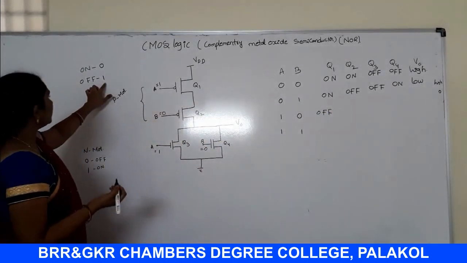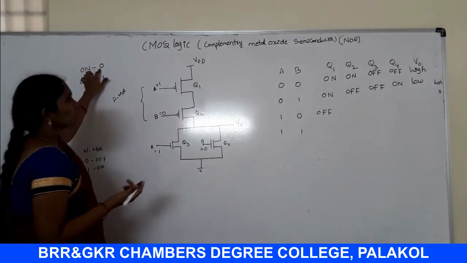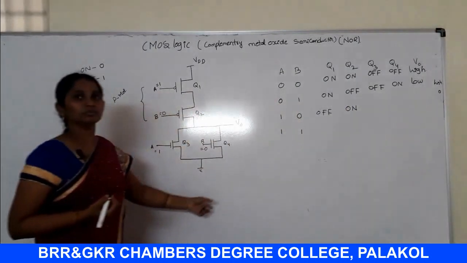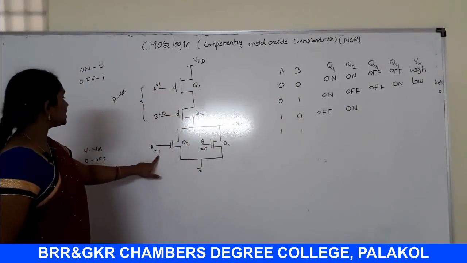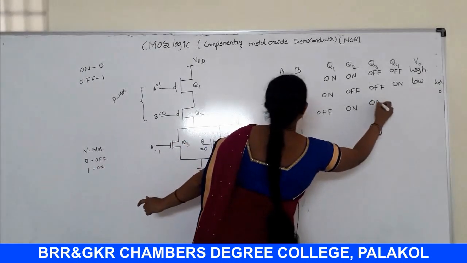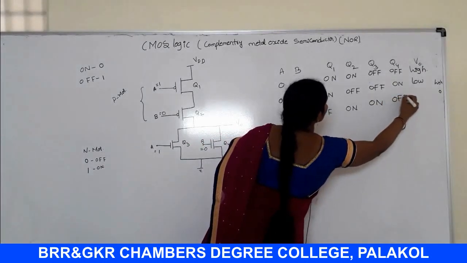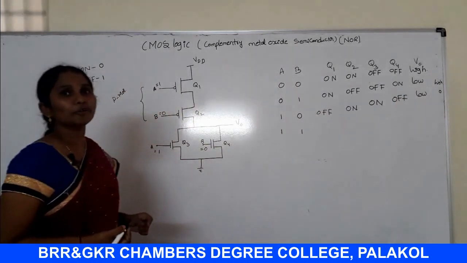The next one is the Q2 transistor. When you apply a 0, it is in the on condition. The next one, Q3, is 1, so 1 is the on condition and 0 is the off condition. Therefore finally the output is low here.